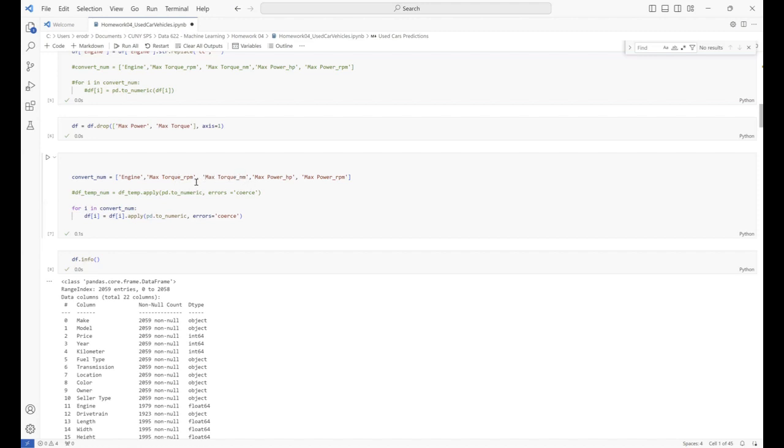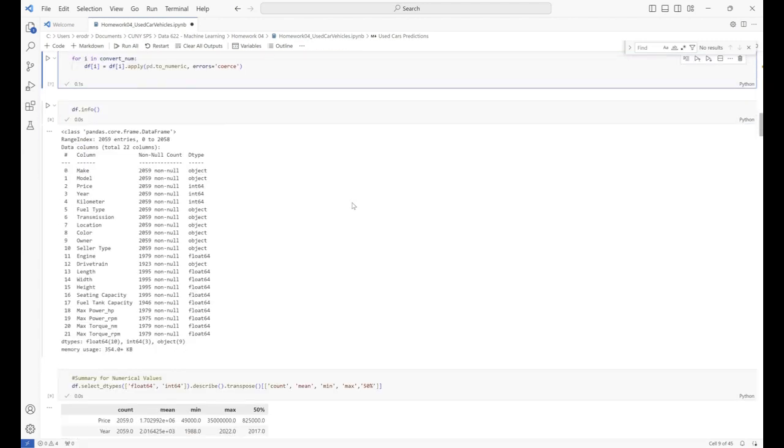We split that up into two columns so that we would still keep the data that was original to the max torque column, which included RPM and nanometers. Similar to max power, where the max power was rated at a horsepower for a certain RPM, we split that into two columns, removed all the strings, kept the horsepower, and kept the RPM.